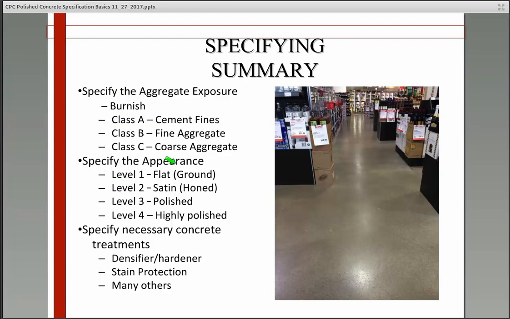Tell us whether you want flat, satin, polished, or highly polished. Again, these all have definitions in the glossary on the CPC website. And finally, make sure that densifier, hardener, and if you need stain protection, that you're using it. And then think about if there are any other parameters that we need to be helping install that floor to prevent any issues.